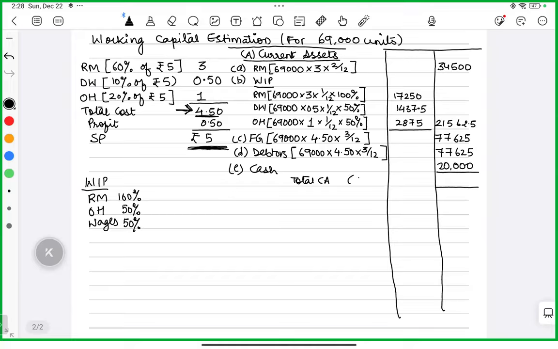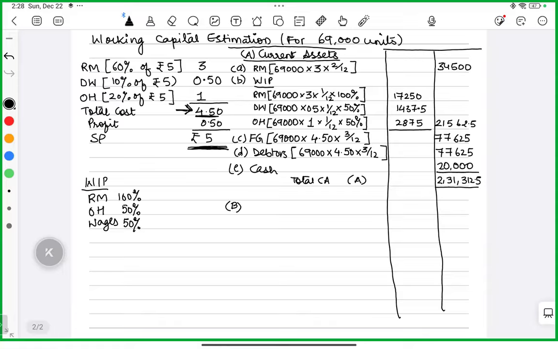This is also called gross working capital. Let us call this as A. The total is 2,31,312.5. Total current assets or gross working capital.